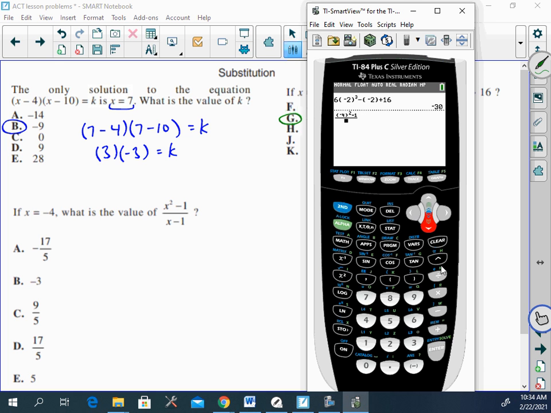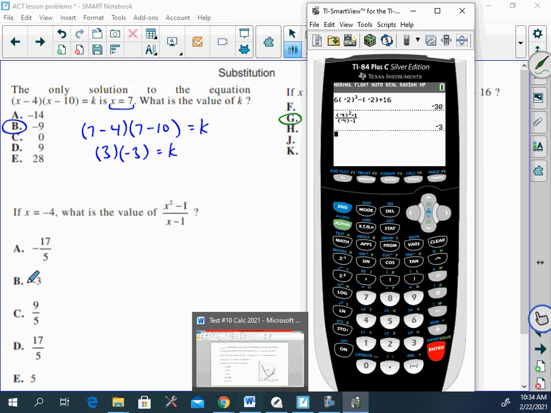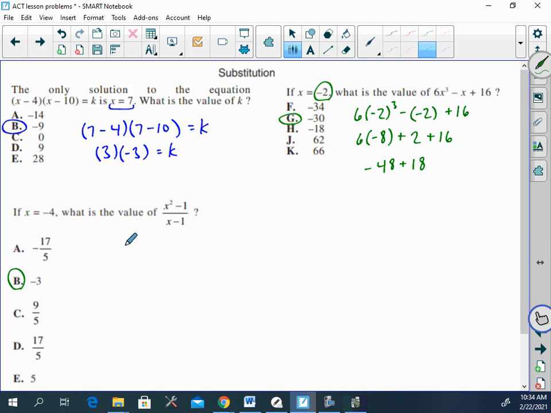So that's in the numerator, and then in the bottom we have x minus 1, so I put parentheses wherever I see an x, and I'm putting negative 4 in there, and then minus 1. And then it gives me an answer. Answer is negative 3 here, and I'll show you how to go about getting that by hand.